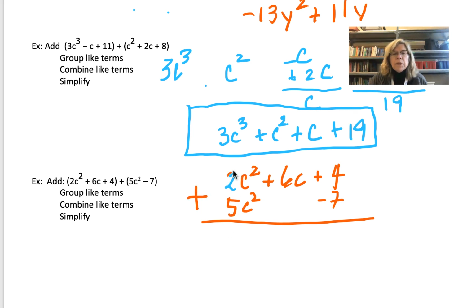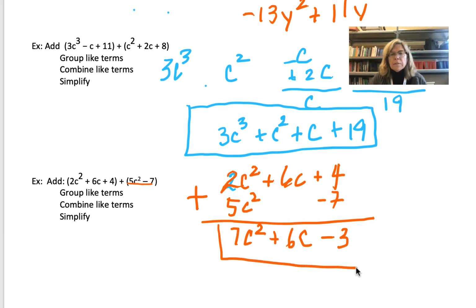So 2c squared and 5c squared makes 7c squared. And then there's nothing in this polynomial in the c section, so you have just plus 6c. And then you have plus 4 and minus 7, which is minus 3. And that's your final answer.